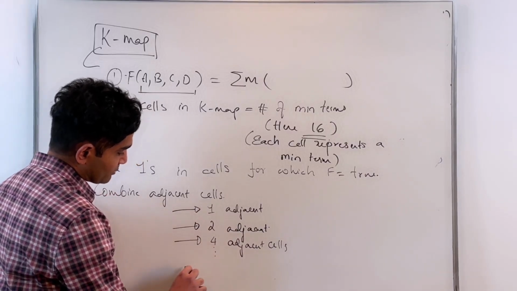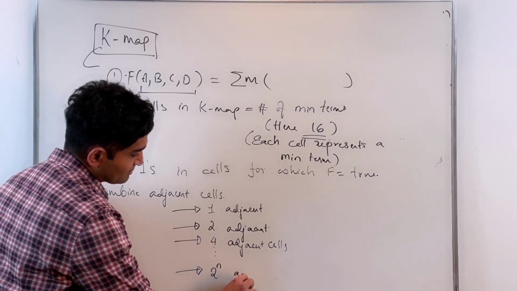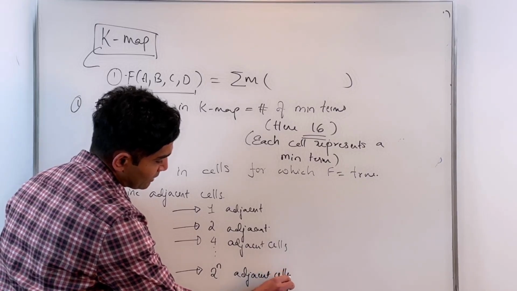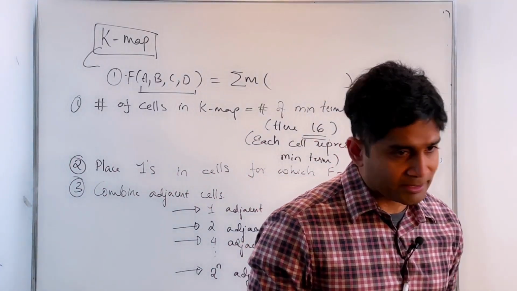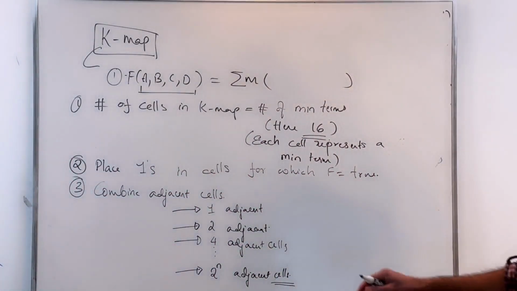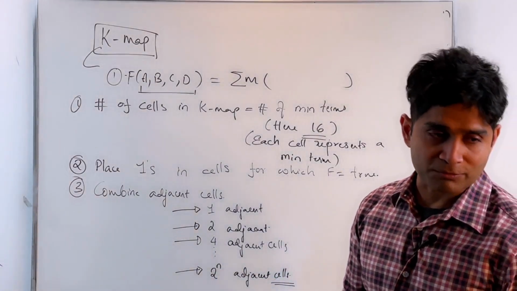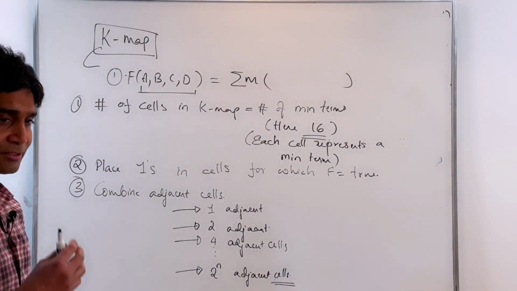The concept is we'll be combining in terms of 2 power n adjacent cells. As we mentioned last time, it cannot be 6 adjacent cells. It has to be a power of 2. You cannot express 6 as a power of 2, so you cannot combine 6 adjacent cells or 3 adjacent cells.